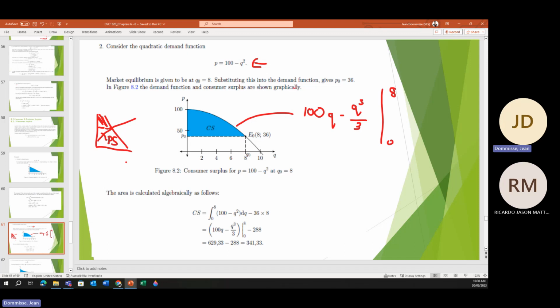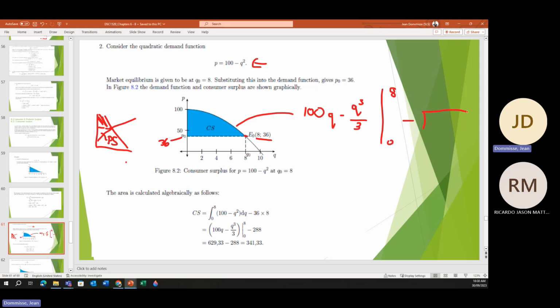So they will give us a point to say, well, there is my point of equilibrium. So you will need to know, okay, but then at this point between 8 and 36, that is then the area that I need to subtract.